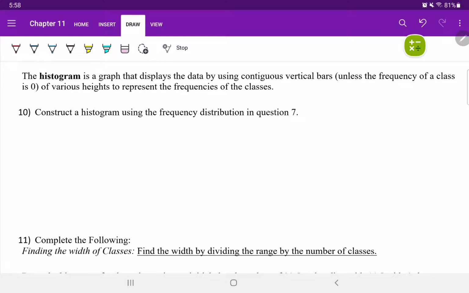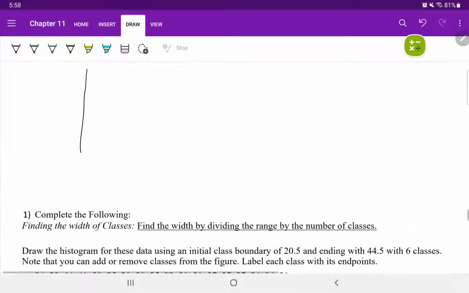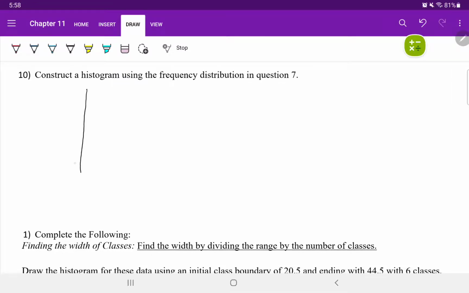Question 7 was my test scores. So we're going to draw a bar graph, but in this case, the bars will touch each other.